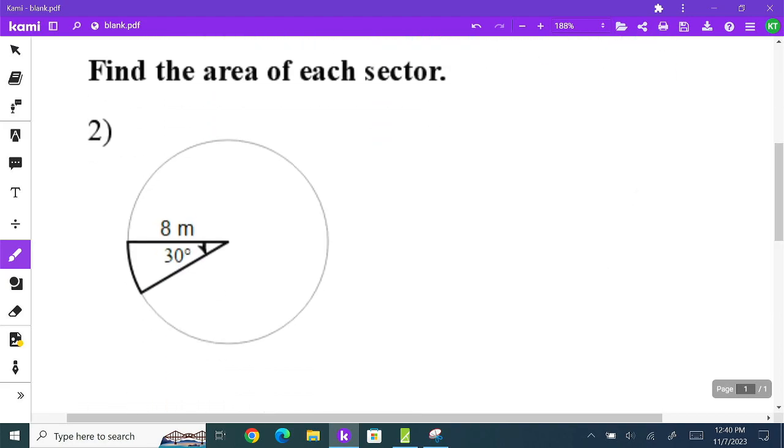So finding the area of the sector, I have a radius of 8 and a theta of 30 degrees. I'm going to be using my degree formula since my original angle was given to me in degrees.